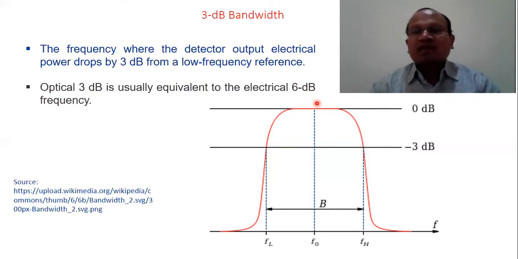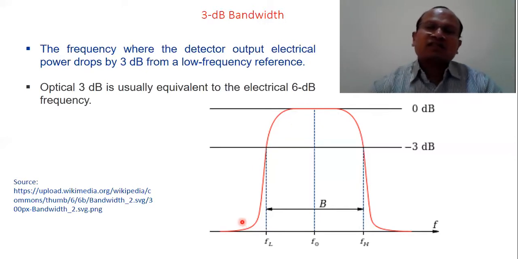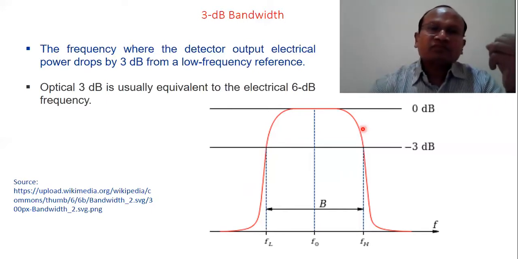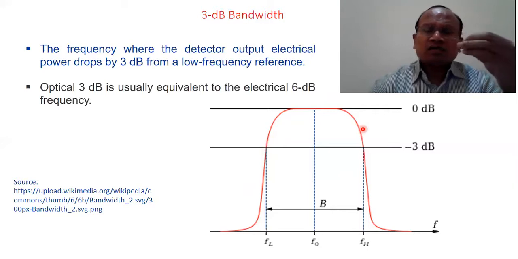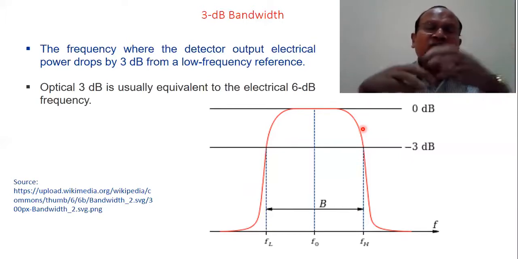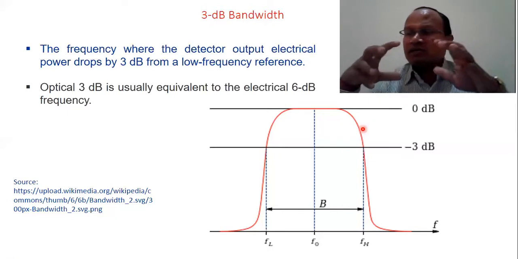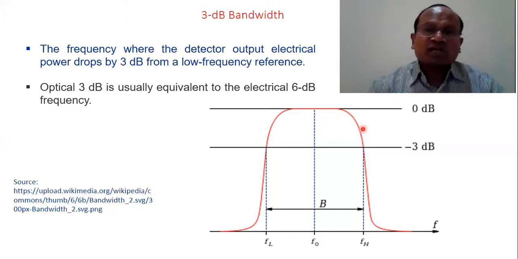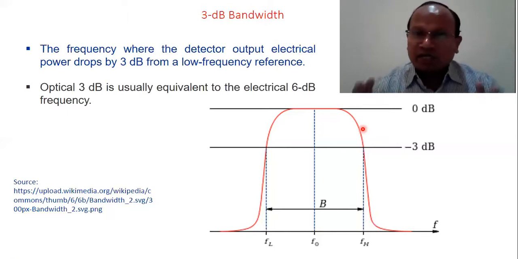So we can see here there is a response actually. This is called the response of the detector, maybe a photodiode or phototransistor. This is the response, showing how the photodetector is responding to the optical input. So generally we determine the 3 dB bandwidth.